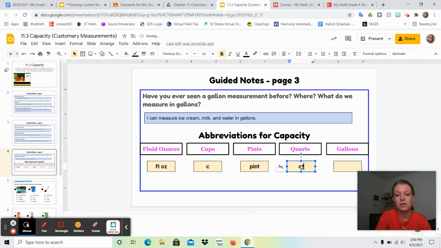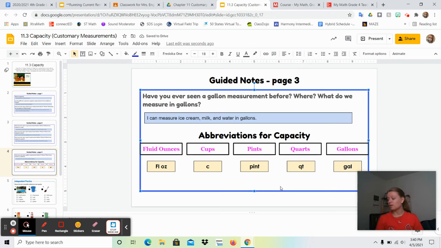Quart is QT, and gallon is GAL. Don't abbreviate pint, we're going to leave it as pint. So fluid ounce, cups, pints, quarts, and gallons. Those are the abbreviations. That's capacity, the amount a container can hold. So how much liquid can you put in these things? That's capacity.